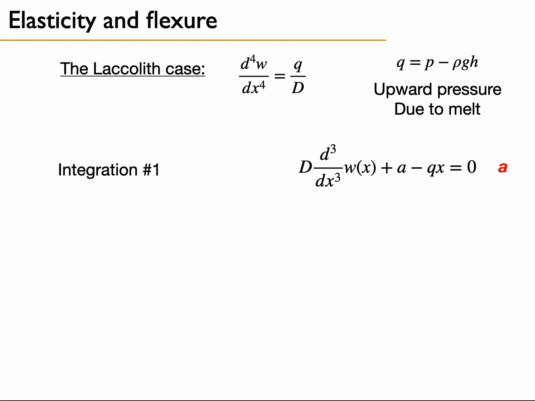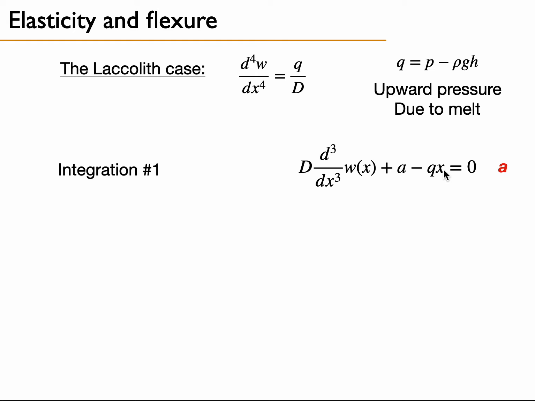So let's start with integration step number 1. If we integrate this equation once, we will drop the order of the derivative by 1. So here we obtain the third order derivative of W, and we introduce the first constant here.